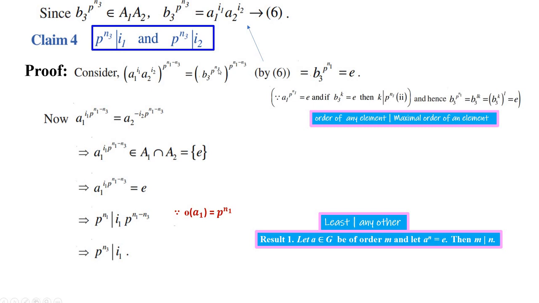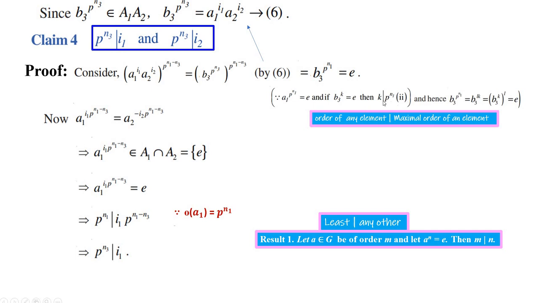And cancelling out n3, we have b3 raised to p^n1, and that is e, because if I consider a1 raised to p^n1, we know that already, that is e. So if b3^k is e, it means we have to have k dividing p^n1, because the order of any element divides the maximal order of that element.